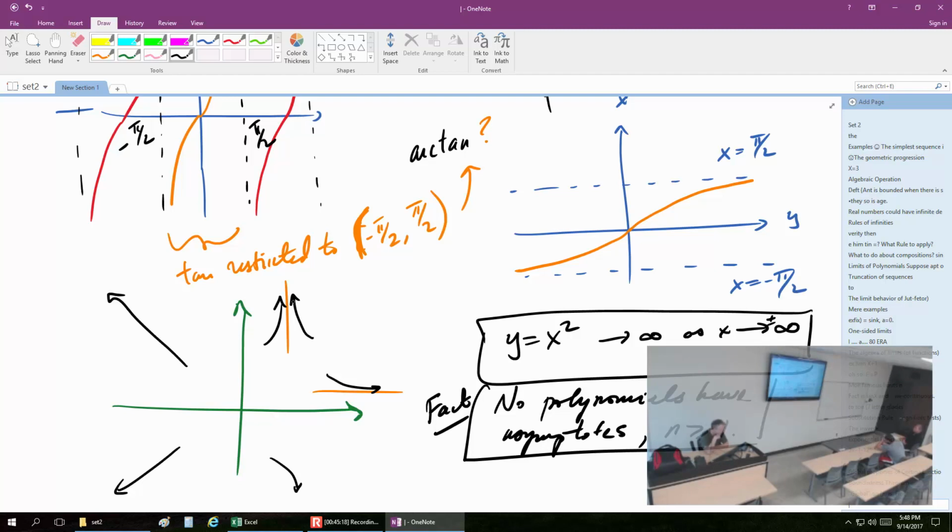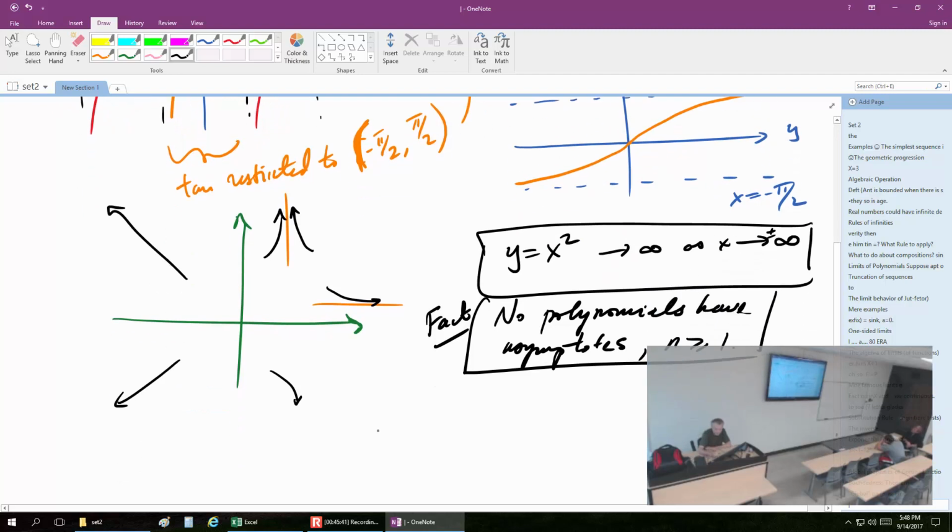Then the analysis becomes, half of the time, looking at rational functions, because the tangent as well as the exponential function have very specific asymptotes, so we know ahead of time where they are.